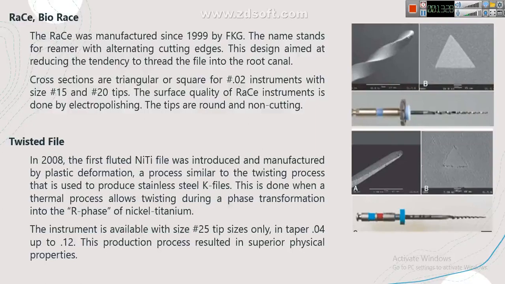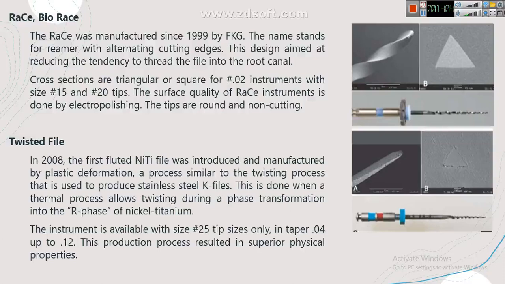Cross sections can be triangular or square for the 0.02 instruments with size 15 and 20 tips. The surface quality of RaCe instruments is achieved by electropolishing. We already know there are different surface treatment procedures, and one approach is electropolishing.